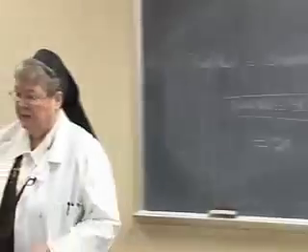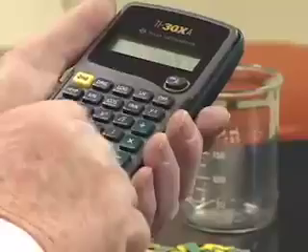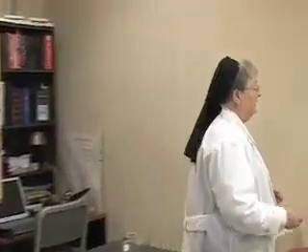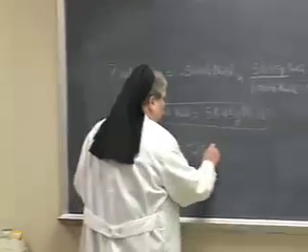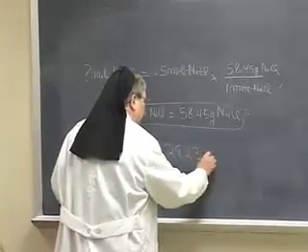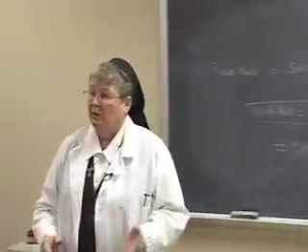I've taken half of it, but I'll just do it by the calculator to make sure. 58.45 times 0.5 is equal to 29.225. So basically 29.225 grams. So to weigh out 29.23 grams would be 1/2 of a mole of sodium chloride.